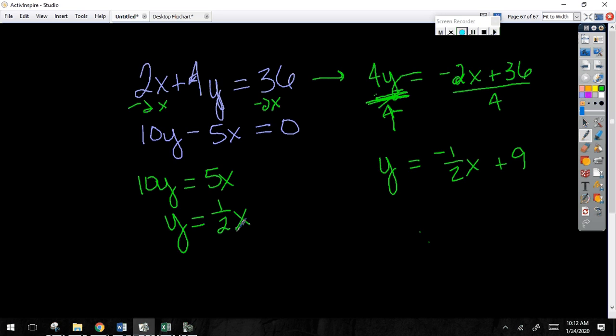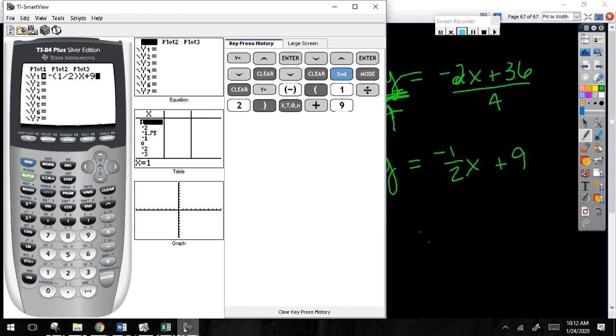So I got 1/2 x. As I go back into y equals, hit enter to go down to y2. Guys, if you talk over me, it makes it really hard for those who need to hear. All right, 1 divided by 2, x. Everybody okay on that?